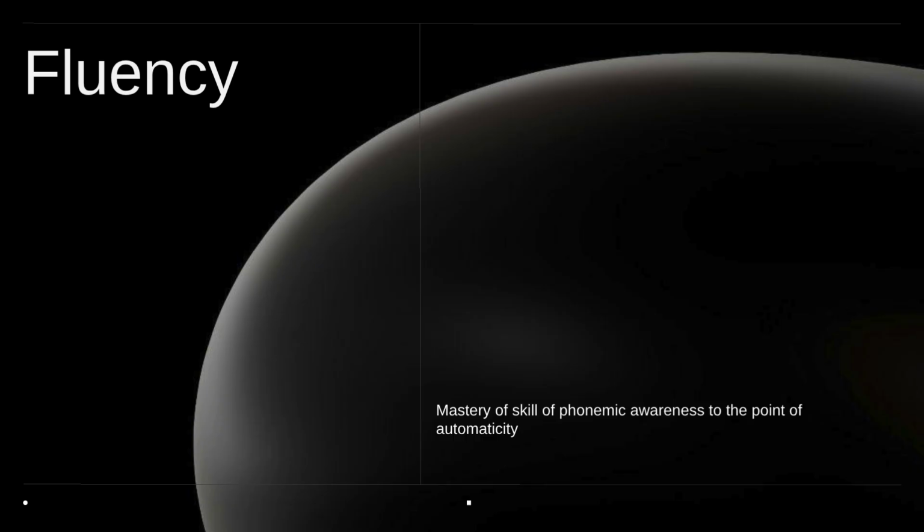But fluency in regards to phonemic awareness is basically the mastery of skill of phonemic awareness to the point of being able to automatically read it, sound it out, and understand and comprehend it without there being any struggle. Once fluency is achieved for phonemic awareness, we then can move on to the next area of reading instruction.